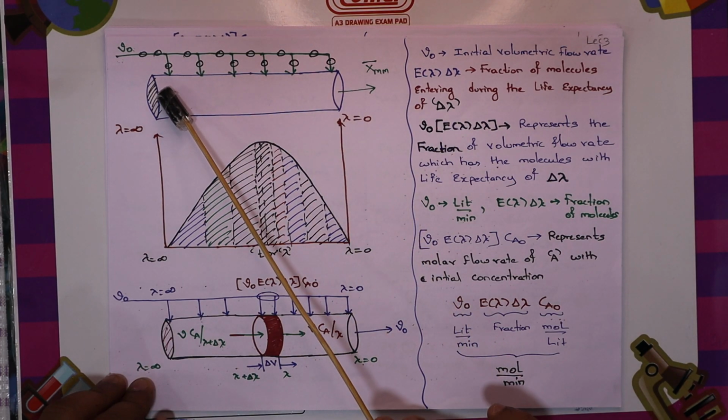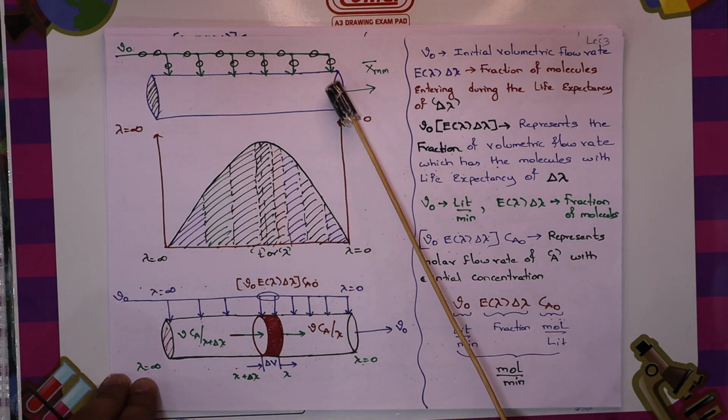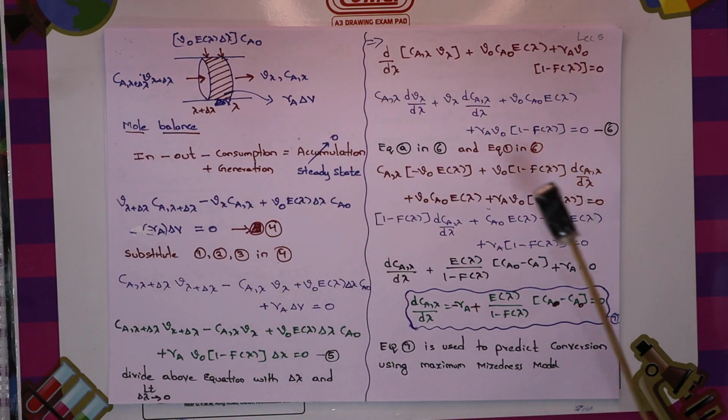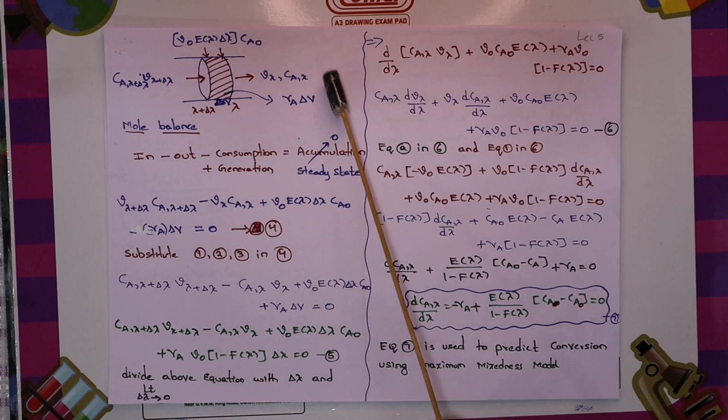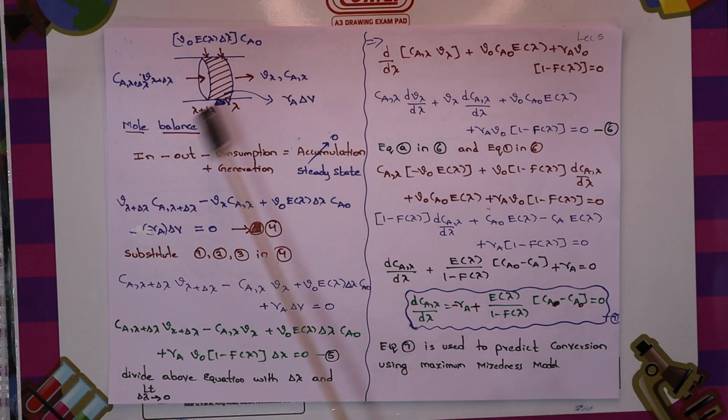At one end the concentration is the initial concentration, and at the other end it is the final concentration. Therefore, the final concentration in this non-ideal reactor is represented in terms of this differential equation. If you can solve this differential equation, you can predict the final conversion, if you know the final concentration.